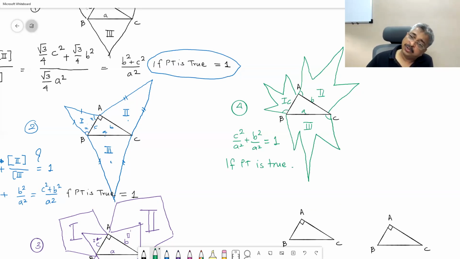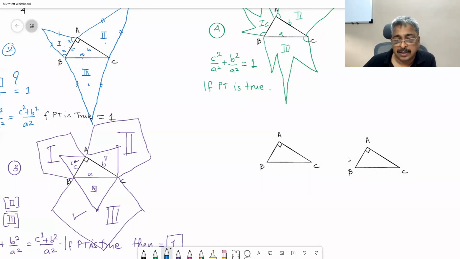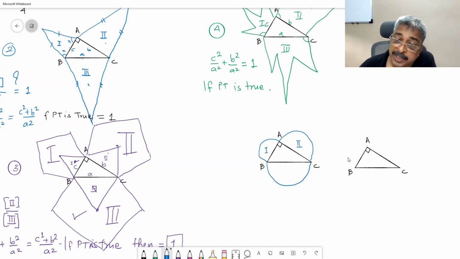So it doesn't matter what you draw on these sides, provided those figures are similar. Suppose tomorrow, actually the next, say a circle, a semicircle I draw here, a semicircle I draw here, and a semicircle I draw here. This is 1. Now actually you can find out the area of a semicircle. This diameter is C, diameter is B, and this diameter is A.